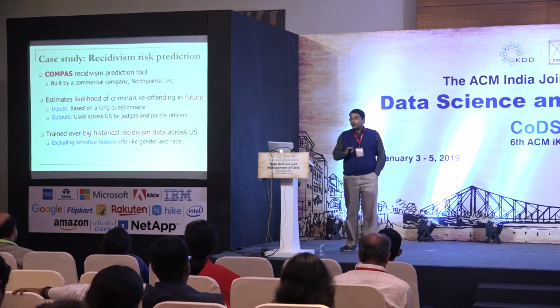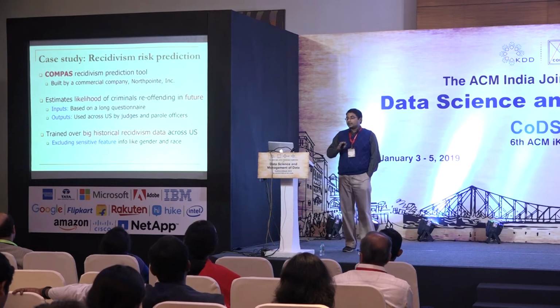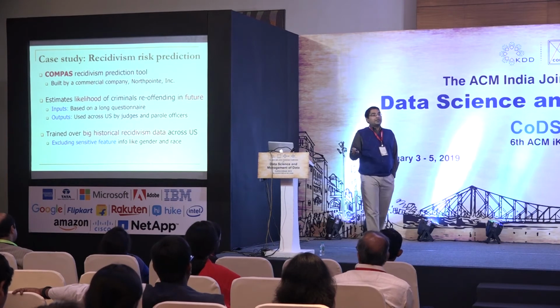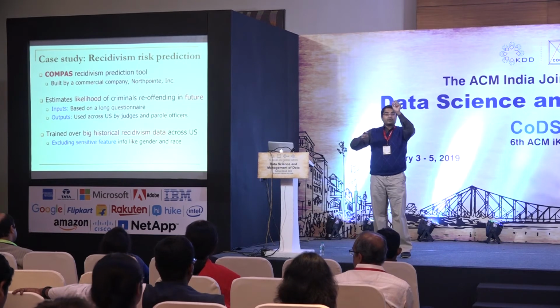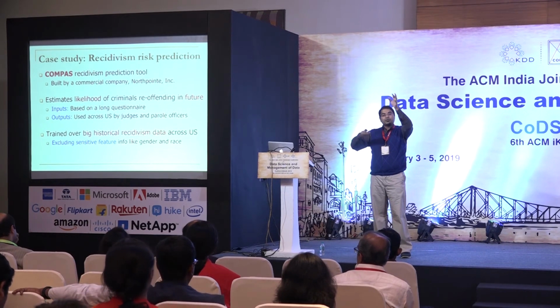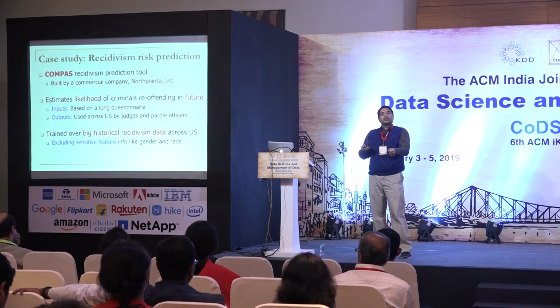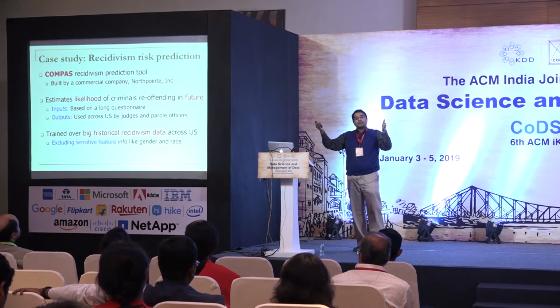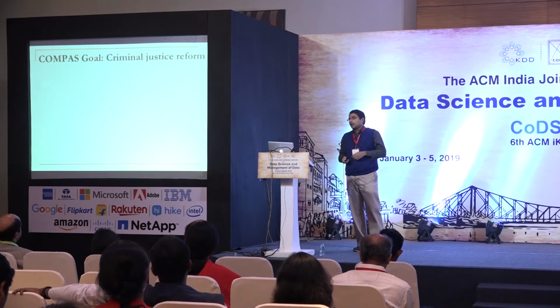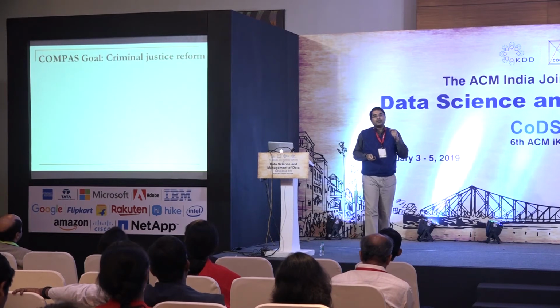In the training process, they deliberately excluded sensitive feature information like gender and race because they didn't want to be discriminatory along these things. So their idea of being non-discriminatory was to take the data but strip out the gender and race information, and train the predictor using the other features. The goal of Compass was actually very noble.